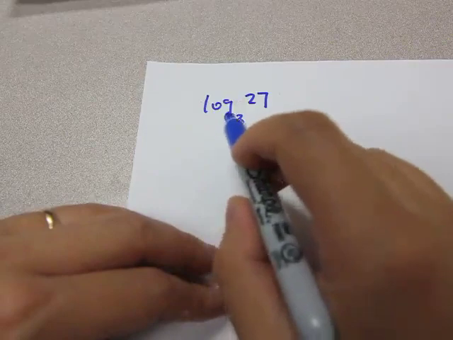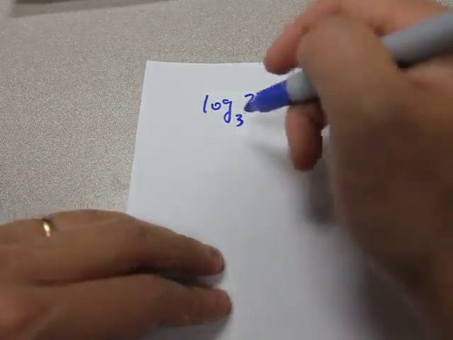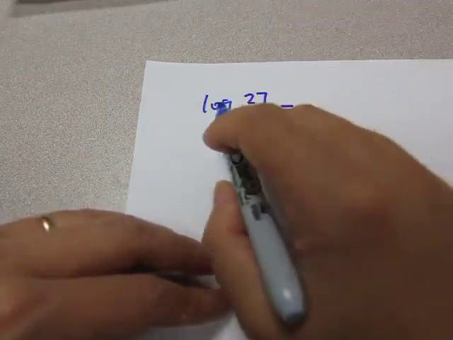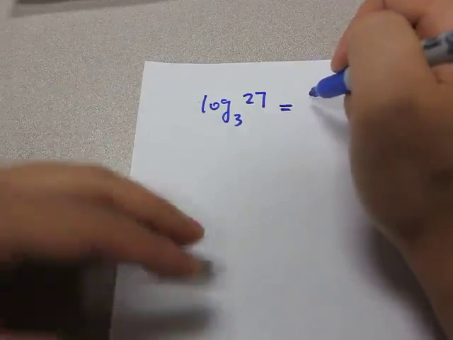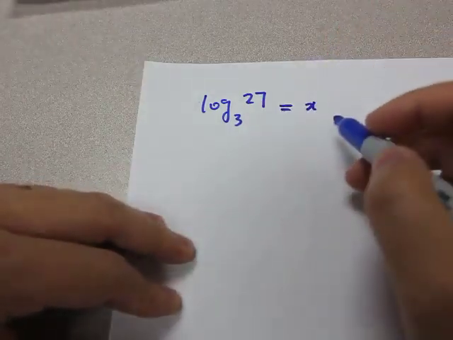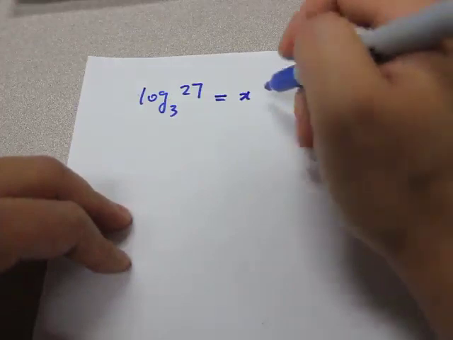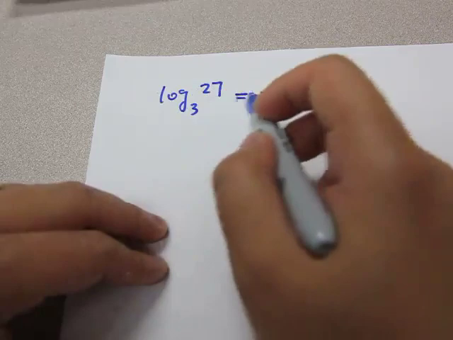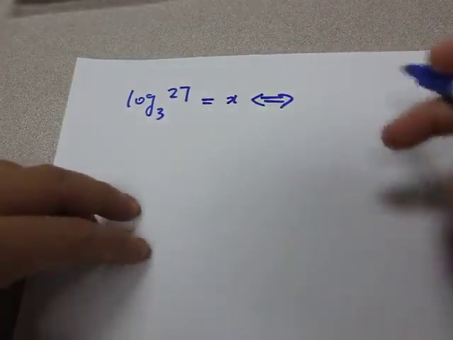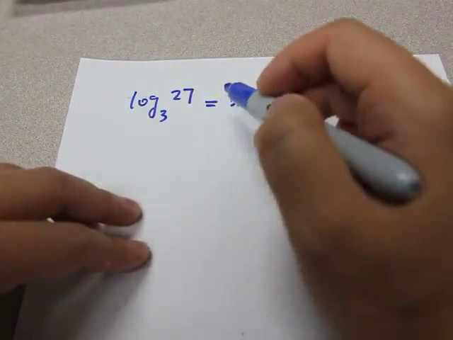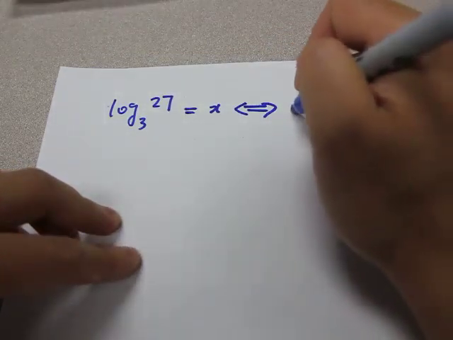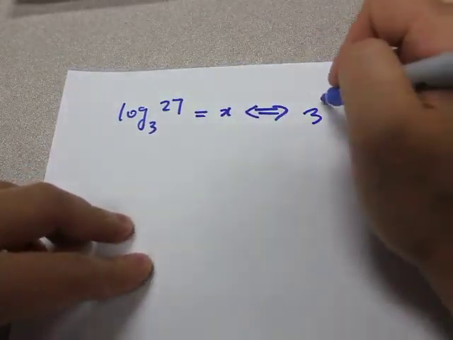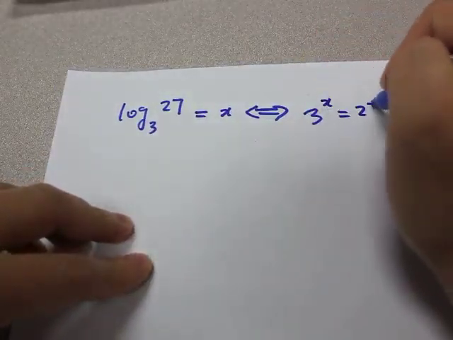Now this is read as log 3 of 27. And so what does this equal? Let's see, this equals some number, let's call it x. Now, if log 3 of 27 equals this number x, this means when we write this as an exponent, it will be equivalent to 3 raised to the power of x equals 27.